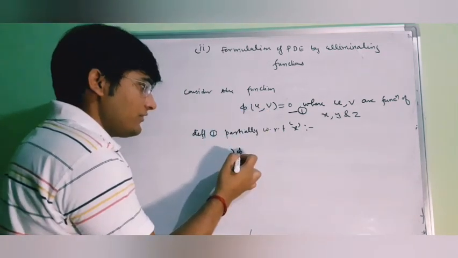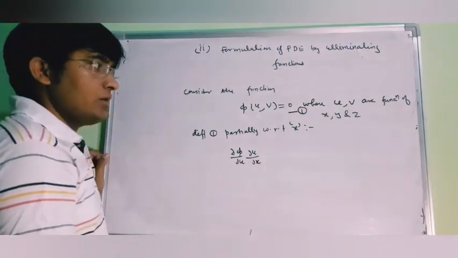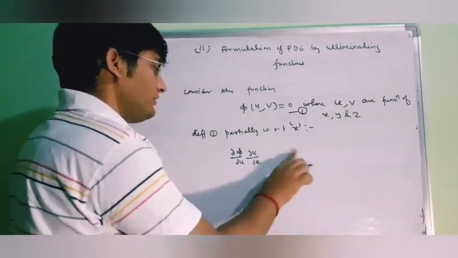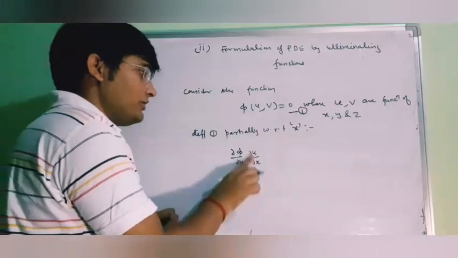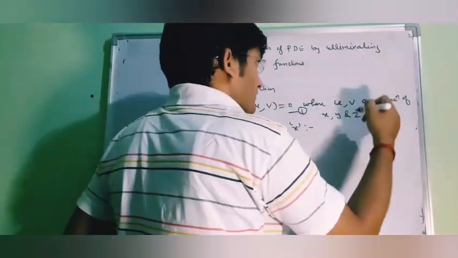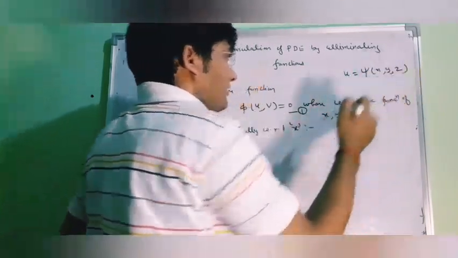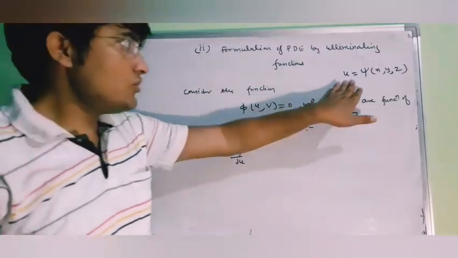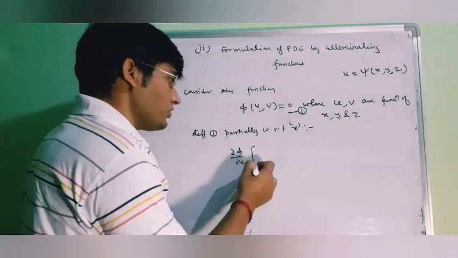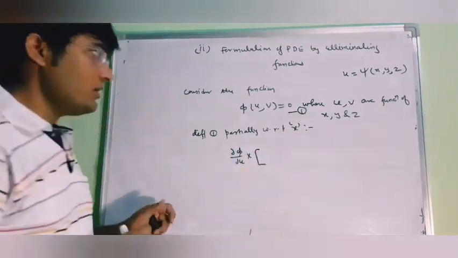So this will be del phi upon del u and then del u upon del x. Then we will have del phi upon del v, and then del v upon del x. Now u is some function of x, y and z. As u is a function of x, y and z, now use the chain rule of partial differentiation.